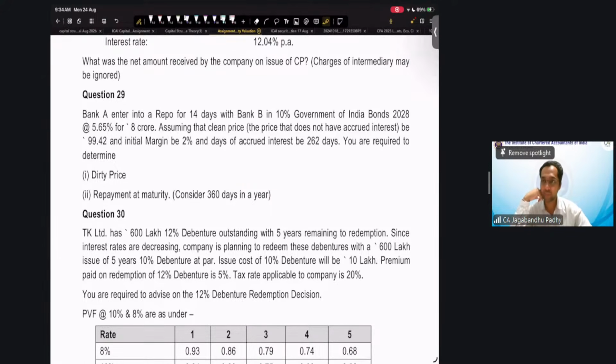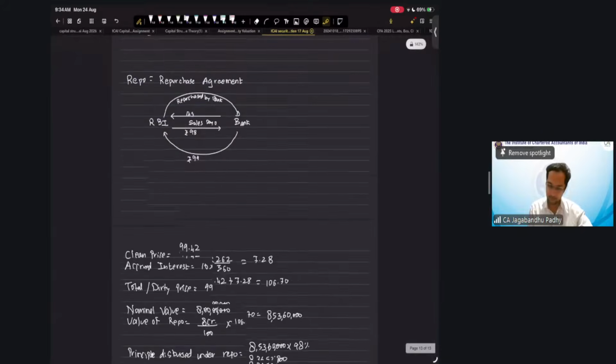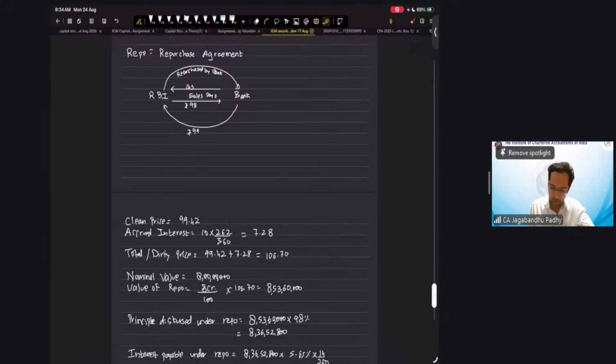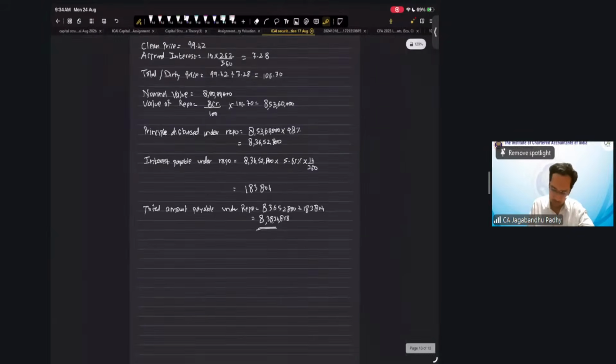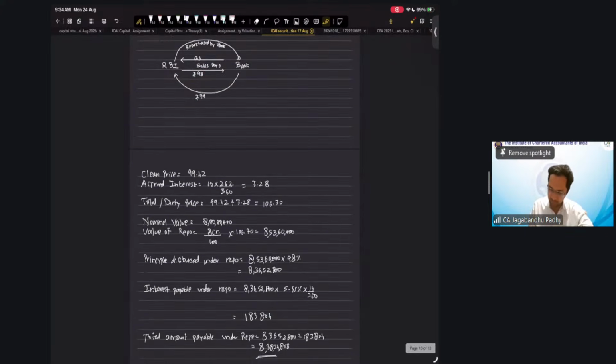Sir, in the solution also, please explain which amount will be paid by whom to whom. First RBI will pay, then the bank will pay, no? So RBI will pay the principal amount, which is 8,36,52,800.